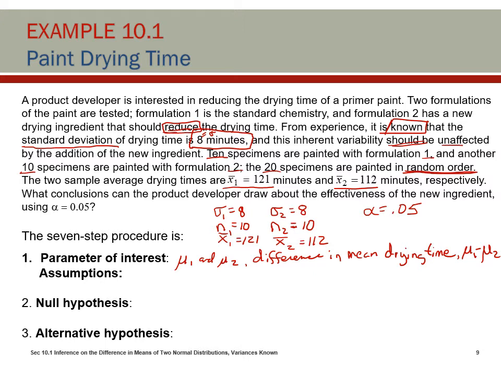The assumptions we saw on an earlier slide: independent for sure, normally distributed, random samples, and the variances are known.